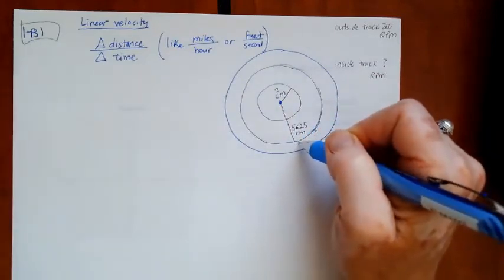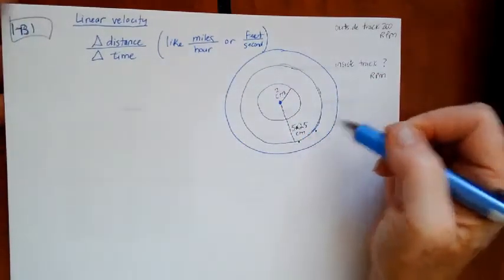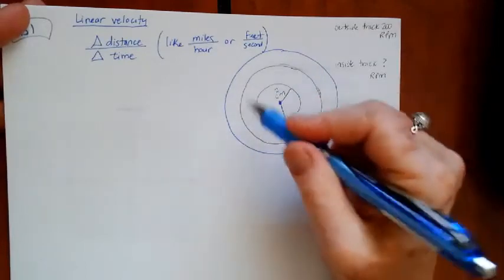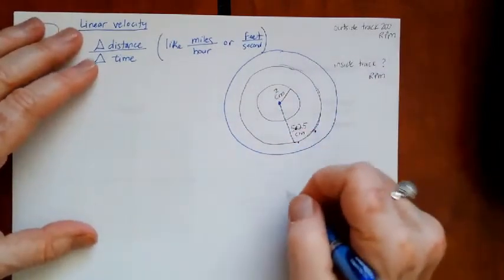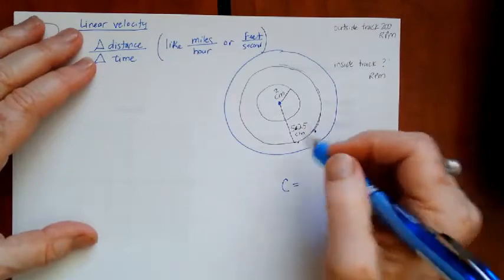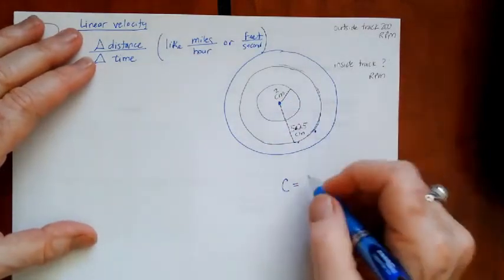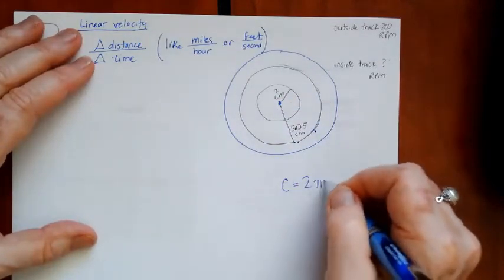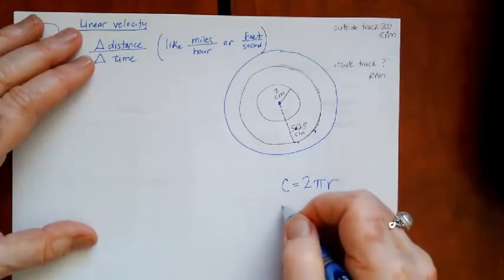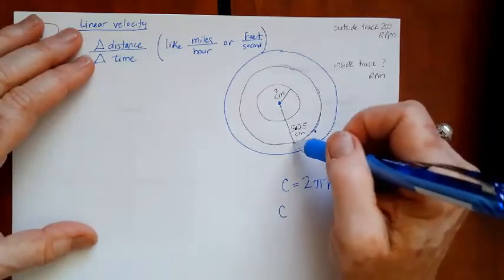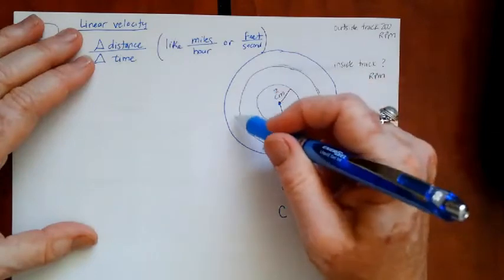Well, that's like a problem that we used to know when we were little kids, where you just find the circumference. So circumference is going to be, isn't it 2 pi r? So that's how far something's going to have to travel for one rotation on the outside track.